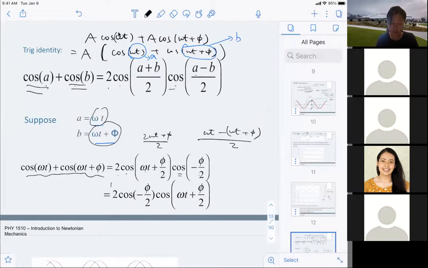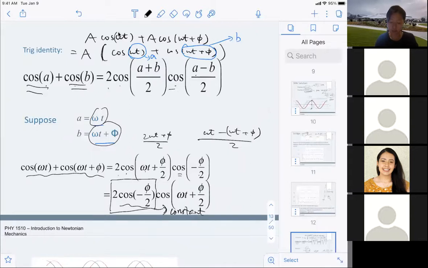Okay, so you can see that cosine of negative phi over 2 is really just a constant, because phi is a fixed phase, however much it is lagging behind. Let's say 30 degrees lagging behind, so phi is 30 degrees. Cosine of that is simply a constant, just some value.